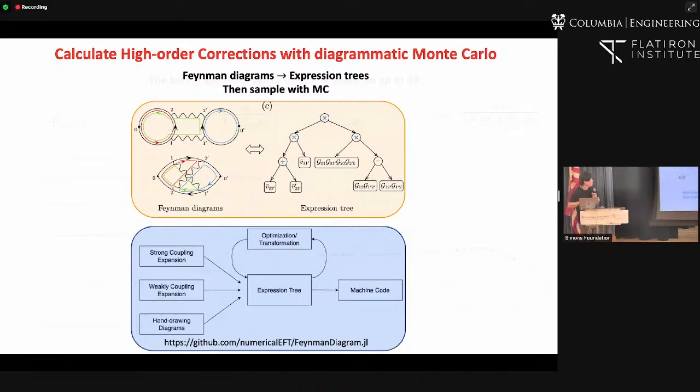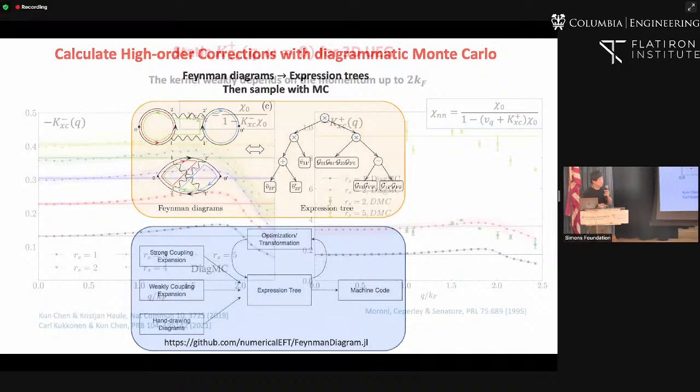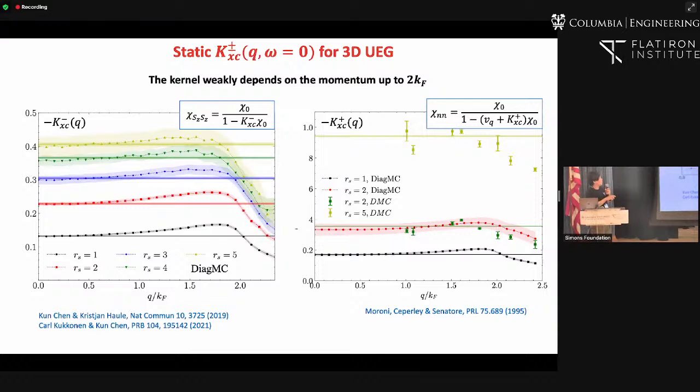So we first use this technique to examine the static exchange correlation kernel, basically the kernel in the zero frequency limit with the momentum dependence. We calculate the spin-spin correlator of the uniform electron gas and extract the kernel through this parametrization. We can go up to a fairly strong interaction, up to rs equal to 5.